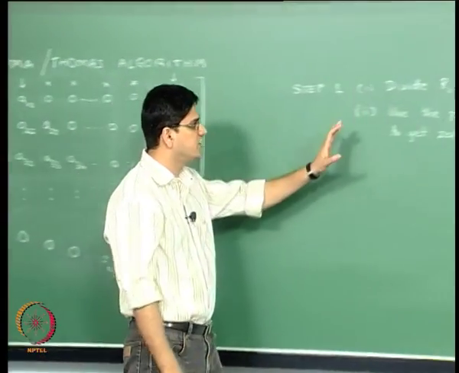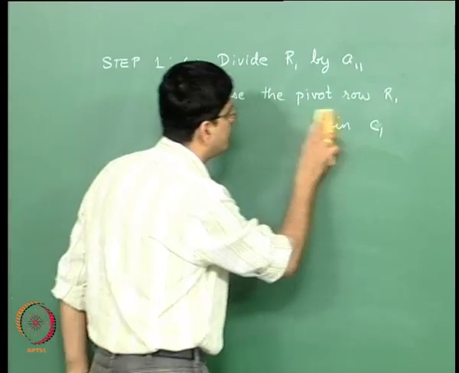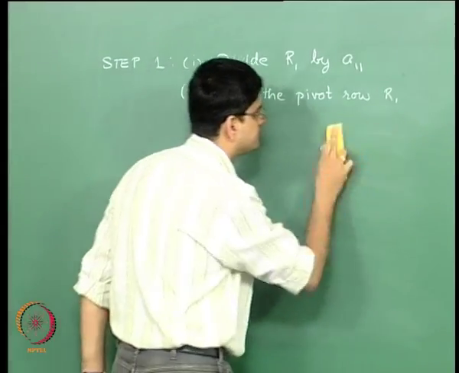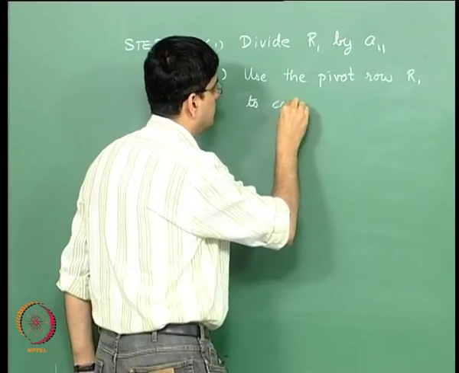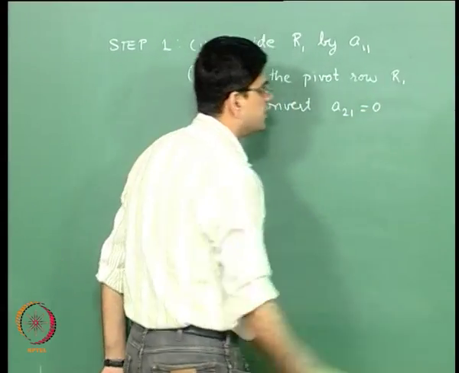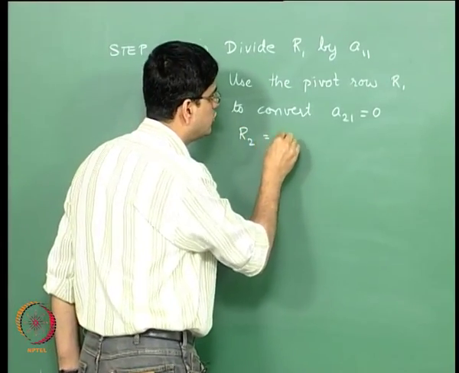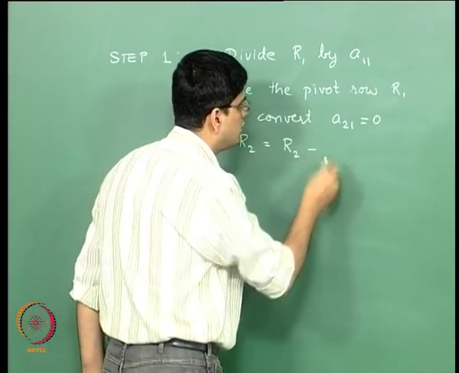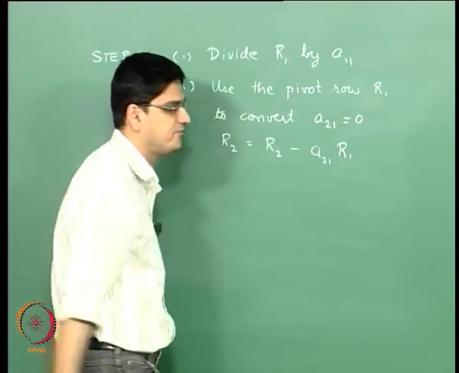So, what we are going to do over here is we are going to rewrite this, use pivot row R1 to convert A21 equal to 0. Okay. That we are going to do by writing R2 equal to R2 minus A21 multiplied by R1.